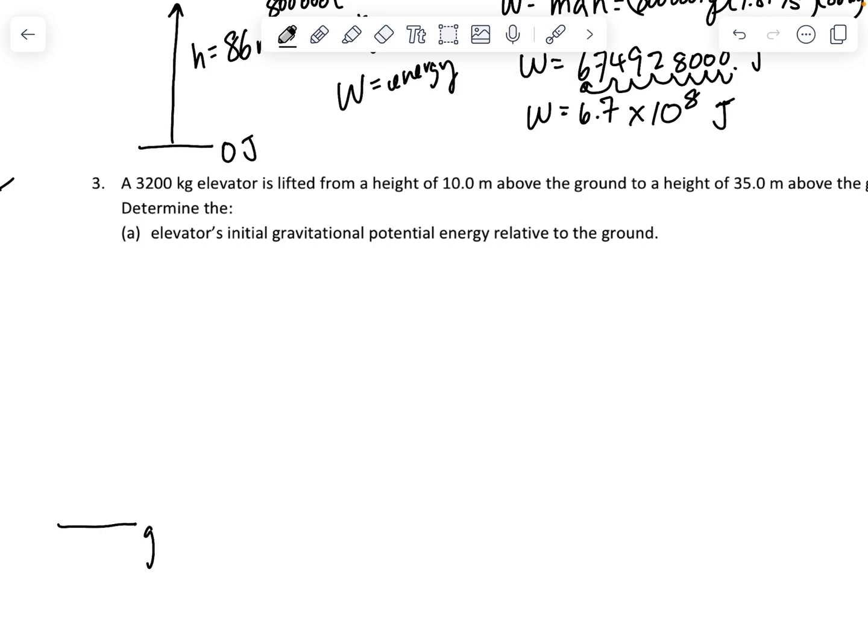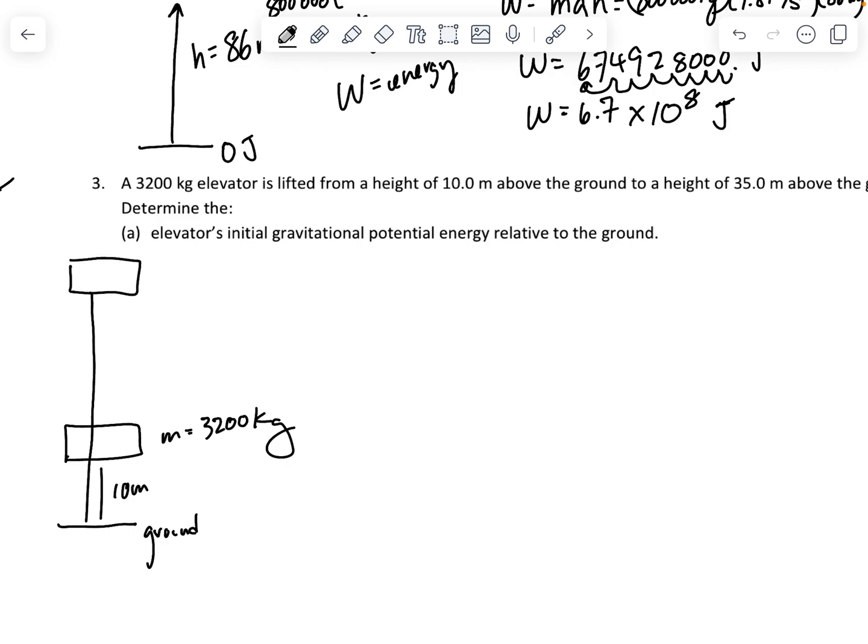If this is my ground, where there'd be 0 potential energy, the elevator here is 10 meters up, and it's got a mass of 3,200 kilograms. If it was lifted up even further, to a height of 35.0 meters, it's going to have even more potential energy.